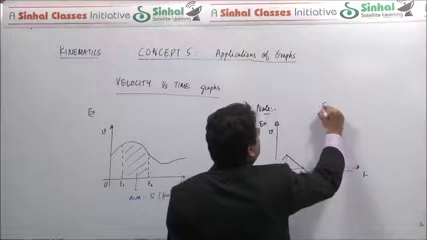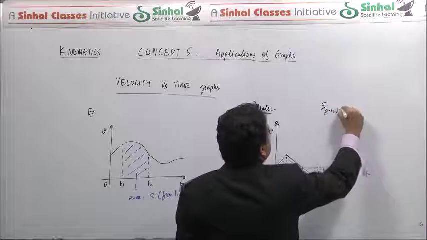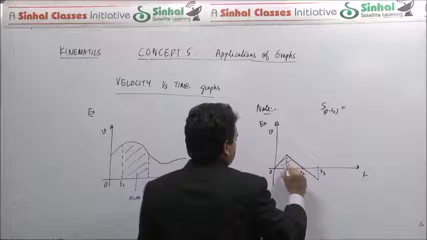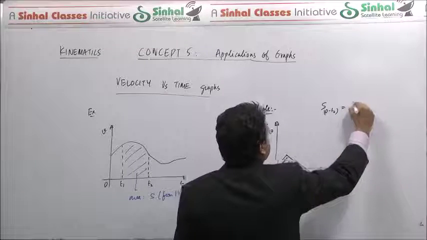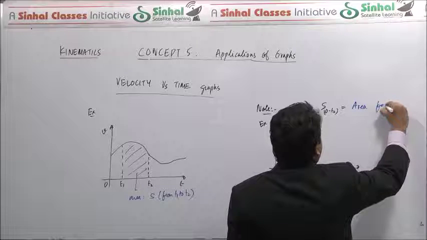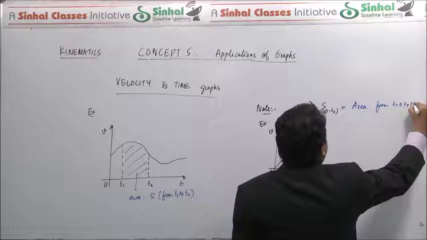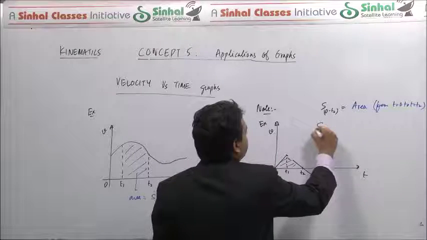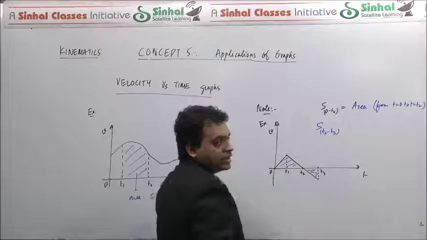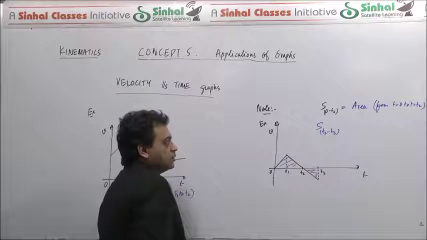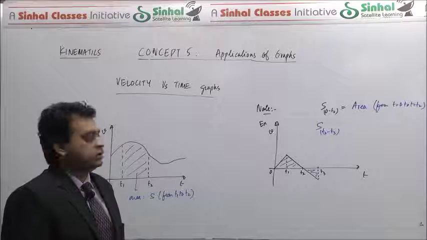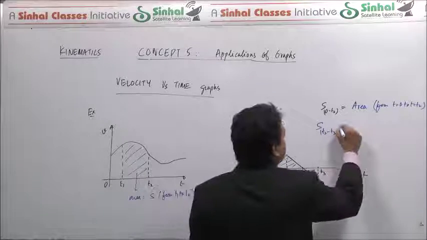So displacement from 0 to t2, for example, will be the area from 0 to t2. But displacement from t2 to t3 is this area. It will be counted as a negative quantity, because as you can see, velocity here has become negative. That means the particle's direction of motion is along the negative axis. So the displacement is also negative. So it will be written with a negative sign.